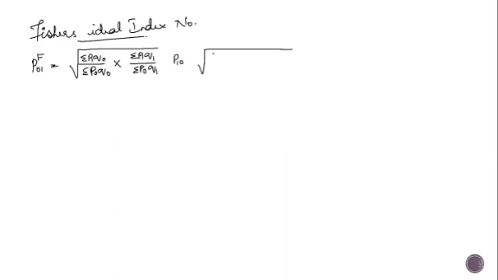It will be summation P0 Q1 divided by summation P1 Q1, into summation P0 Q0 divided by summation P1 Q0.